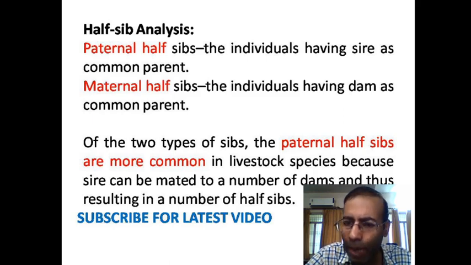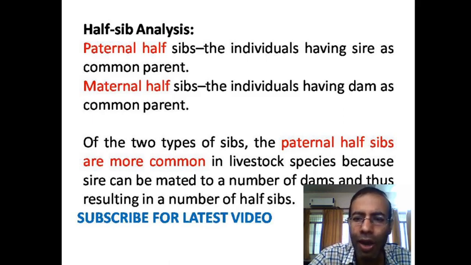Of the two types of sibs, the paternal half sibs are more common in livestock species, because a sire can be mated to a number of dams, thus resulting in a number of half sibs.